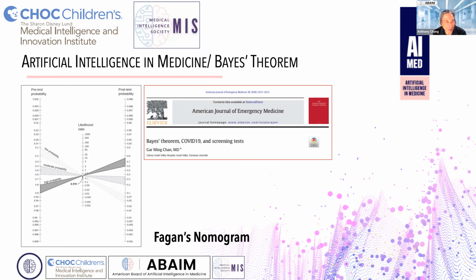It tells you if the prior or pre-screening test probability is low versus moderate versus high, with the same likelihood ratio of the screening test, what's your post-test probability? So in other words, if someone comes in with just mild cold symptoms and your suspicion for COVID is there, but it's not really high, then even if the test is positive, the disease probability is going to be relatively low.